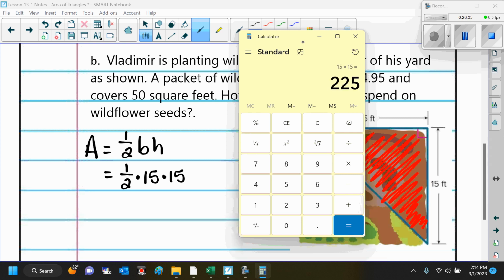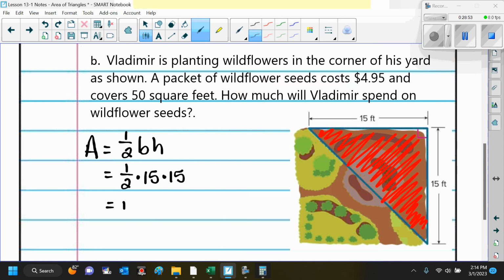That's 225, and then divide that by 2. We could have used the other formula too, multiplying times 0.5. You can see that dividing by 2 is the same thing. So we've got 112.5 feet squared.